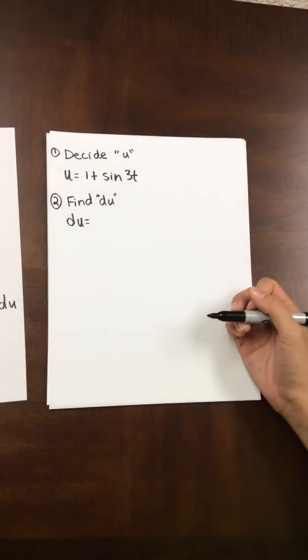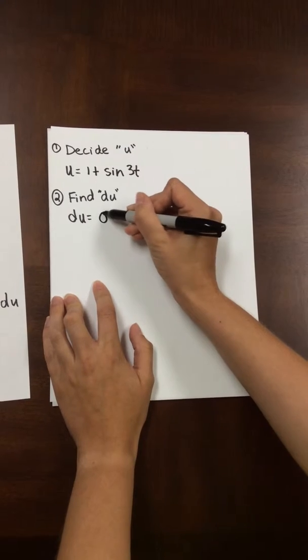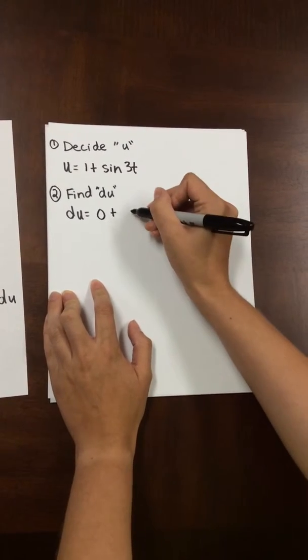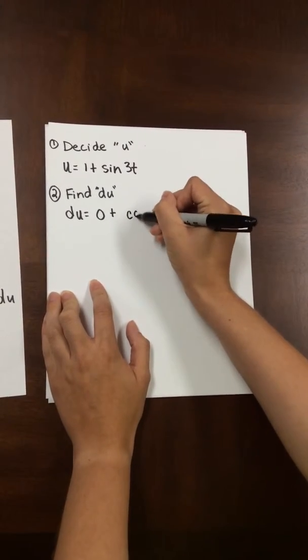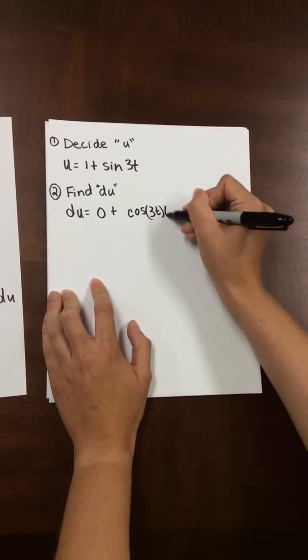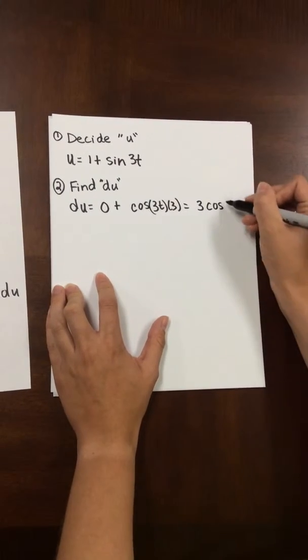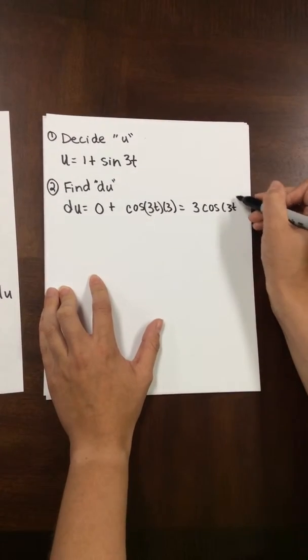Then our second step is to find du. The derivative of u with respect to t is 0 plus cosine 3t times the derivative of 3t, which is 3, so it equals 3 cosine 3t.